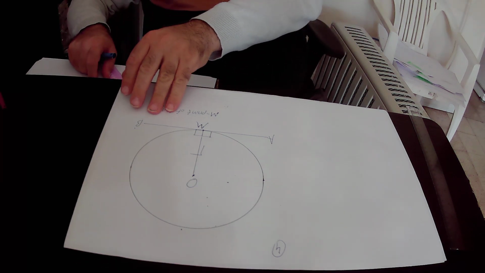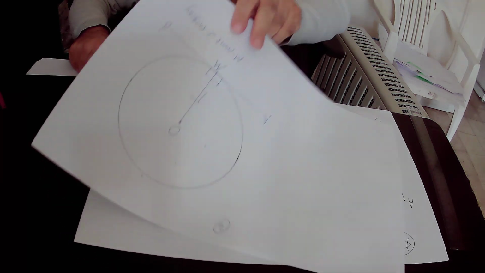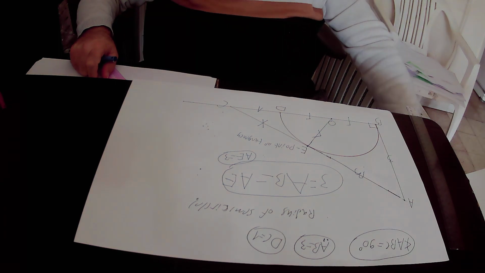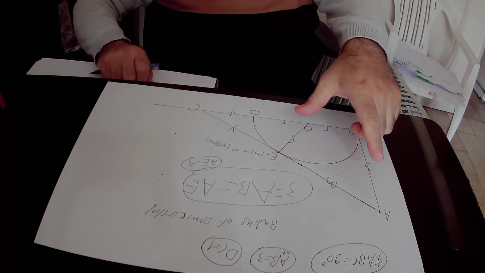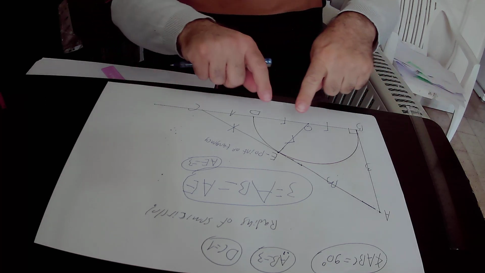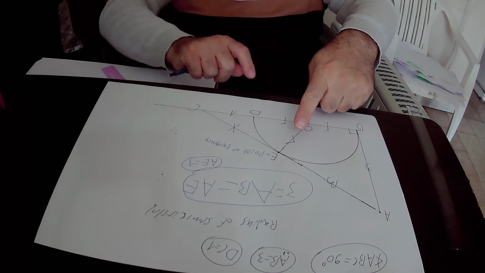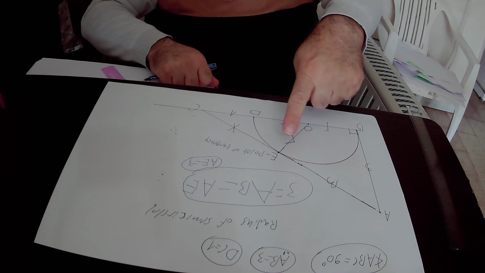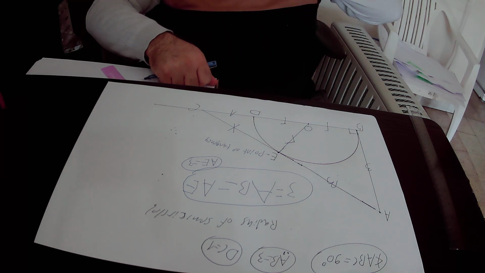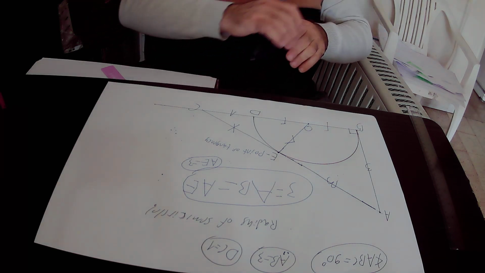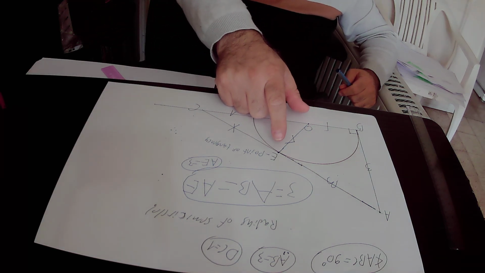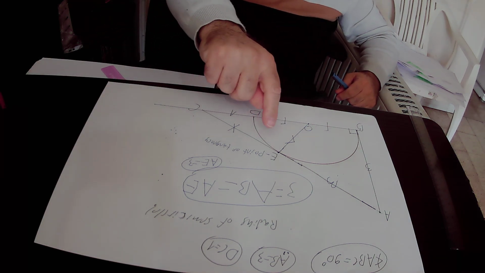And we'll implement rule number 2 in our drawing. In our drawing, tangent AC is tangent to this semicircle at point E. Point E is the point of tangency of tangent AC with this semicircle, and we have the radius OE drawn to point E, the point of tangency.